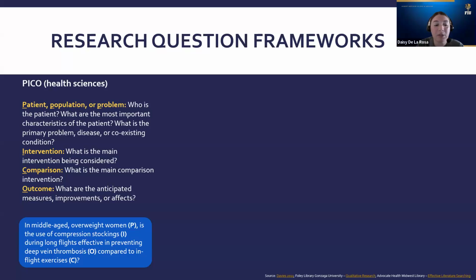Is the use of compression stockings, our intervention, during long flights effective in preventing deep vein thrombosis? That's our outcome. And then the comparison is to in-flight exercises. There may not always be a comparison, but it often happens that it's comparing to a gold standard, standard therapy, or no therapy.